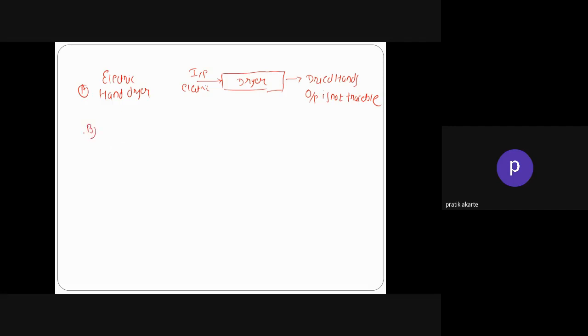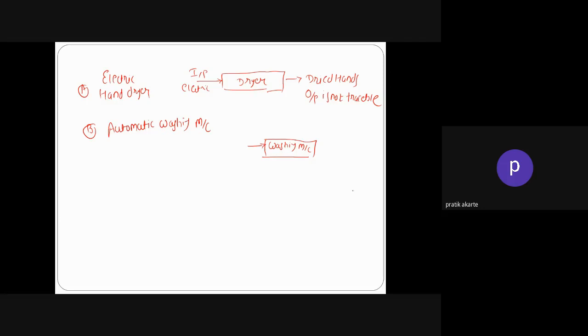Second, automatic washing machine. You must be amazed why I am taking this example. You must be saying that an automatic washing machine is a closed loop control system. It is an automatic one, but no. What we have to consider is what is the input and what is the output to the system.